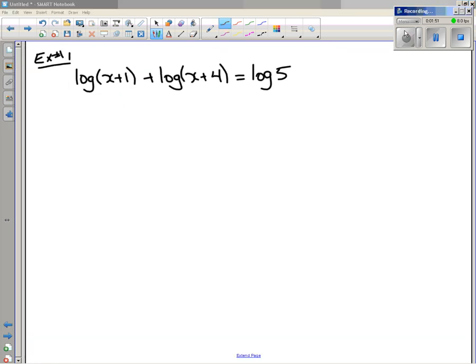Our first example, we have log x plus 1 plus log x plus 4 equals log 5. Looking at this, what rule do you think we could apply right off the bat? Which one of our laws of logs?